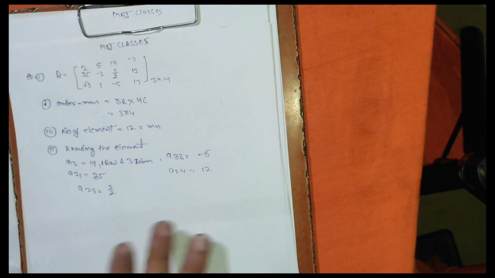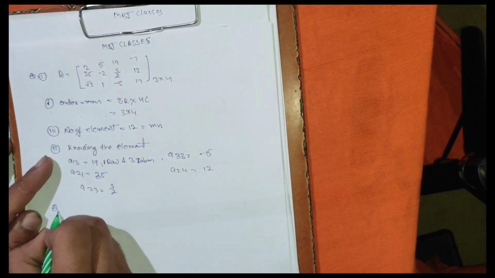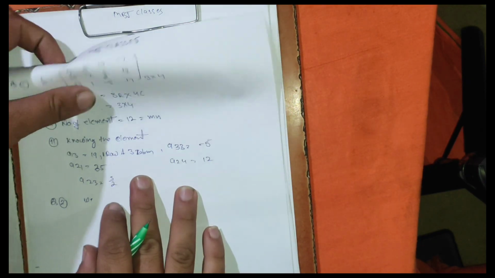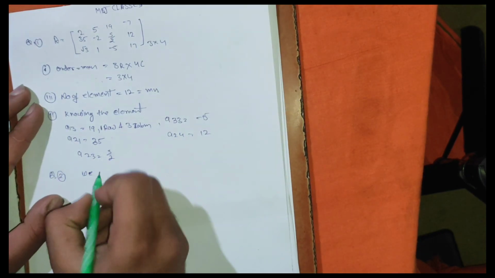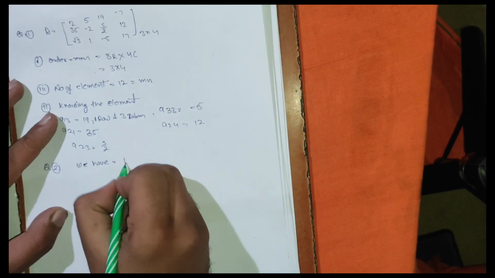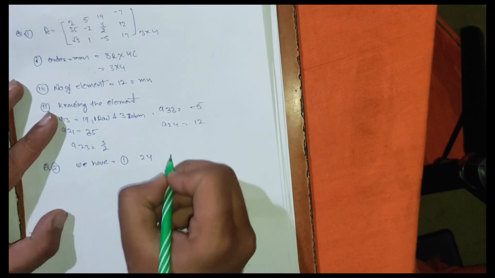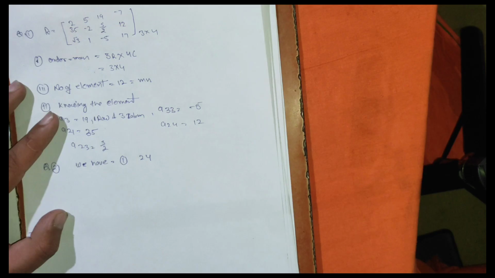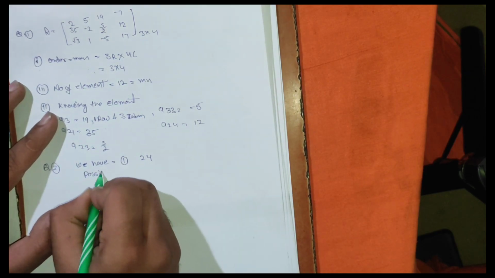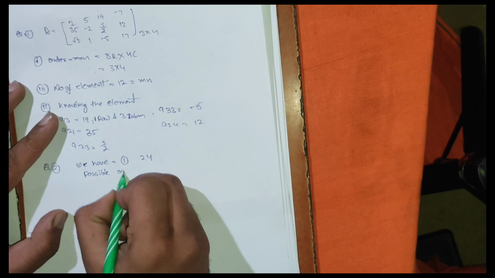So similarly, question 2 says we have 24 elements in the first part, and we want the possible orders.